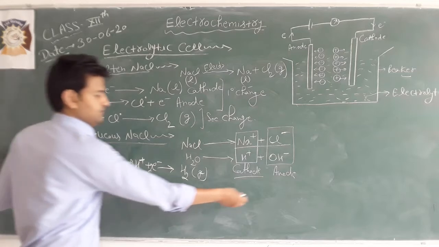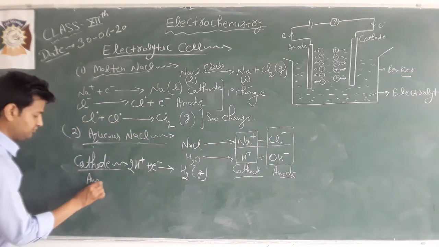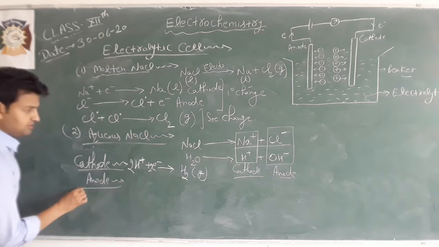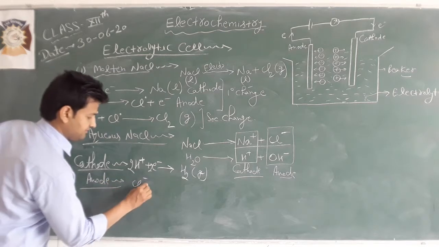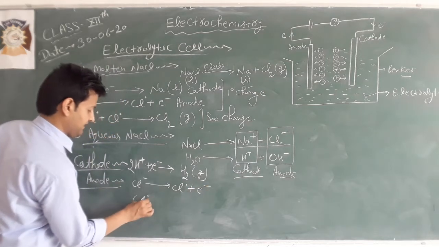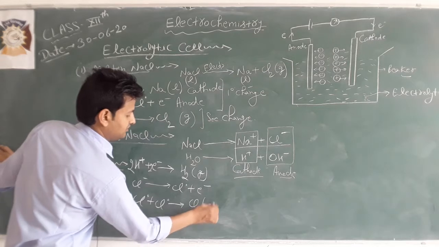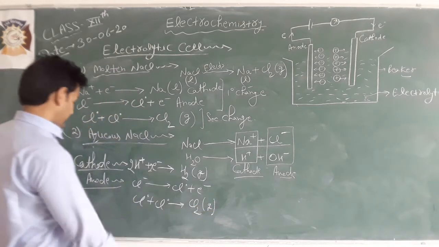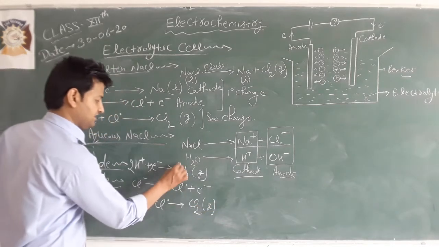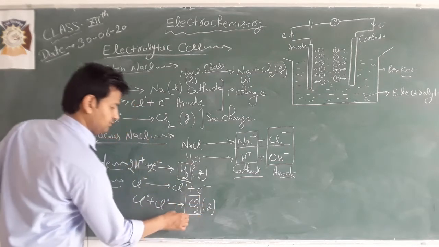In the case of the anode, chloride has less, so at the anode Cl minus undergoes oxidation, losing an electron. Then chlorine free radical plus chlorine free radical form Cl2 gas. So at the cathode, after reduction, hydrogen gas is produced, and at the anode, chlorine is produced.